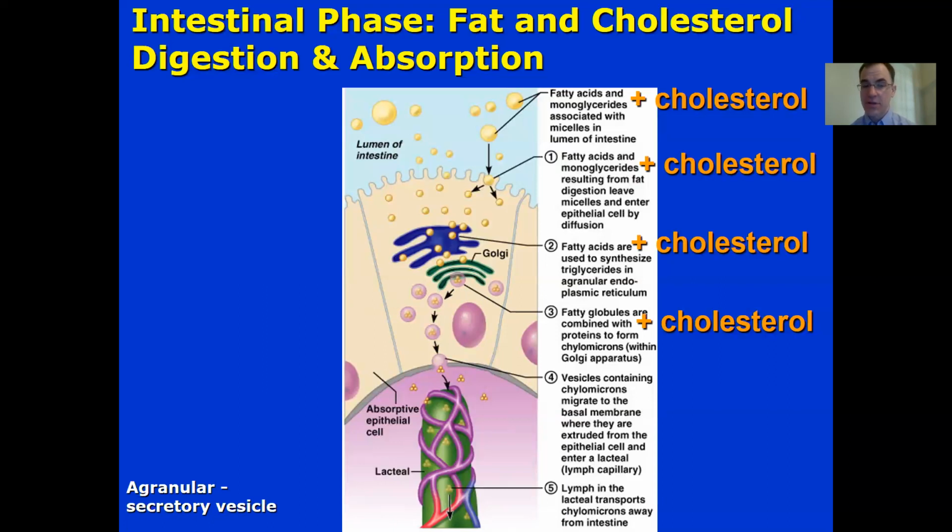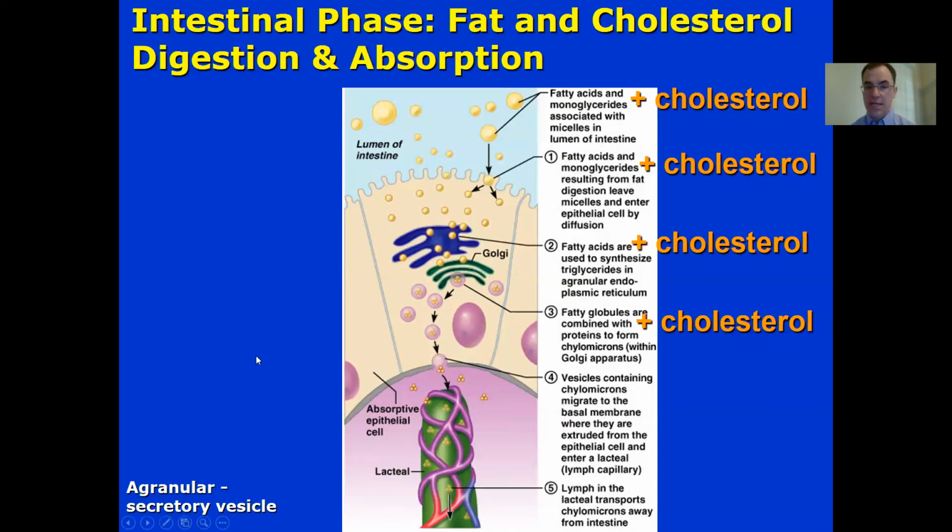So remember that. In a little bit, we're going to talk about something else that contains triglycerides between meals. But right after a meal, chylomicrons are the lipoprotein that contains triglycerides from the food we've eaten.